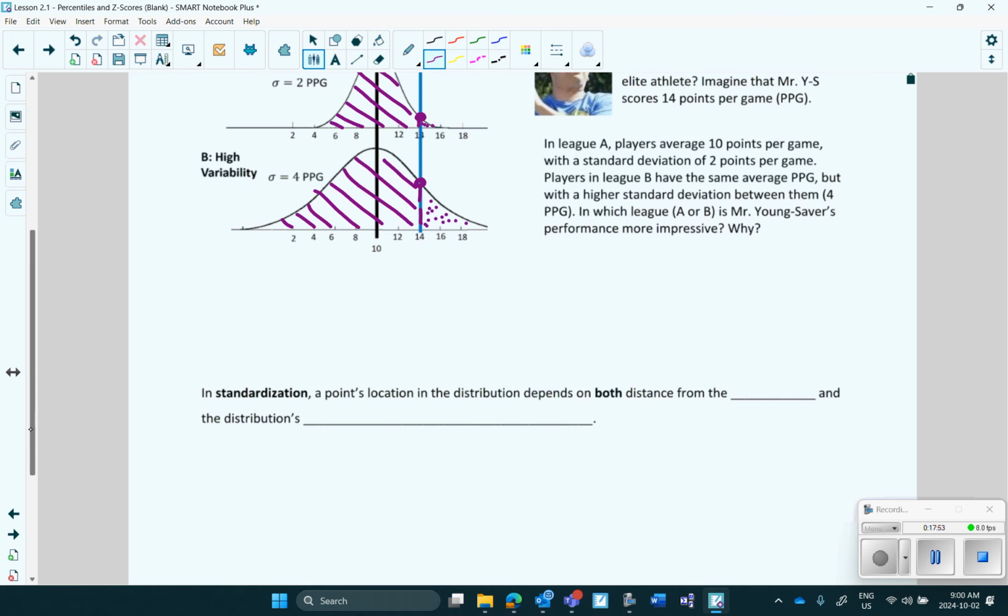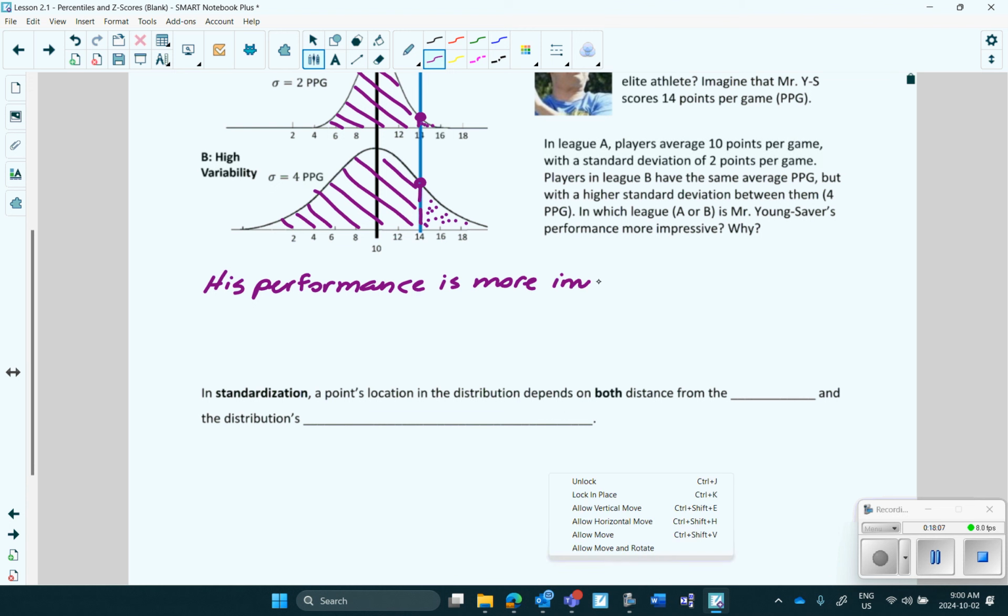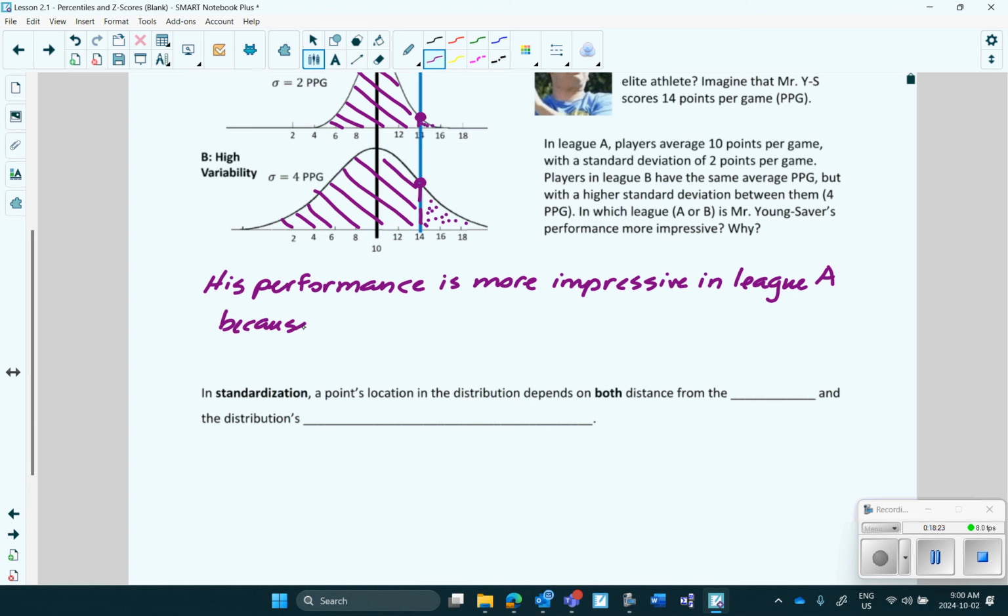So we would say his performance is more impressive in League A. Because there is less variation.